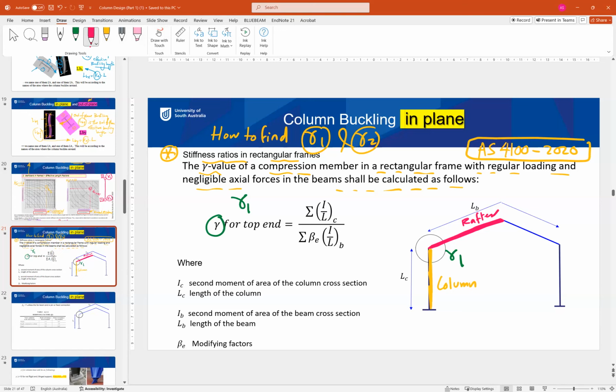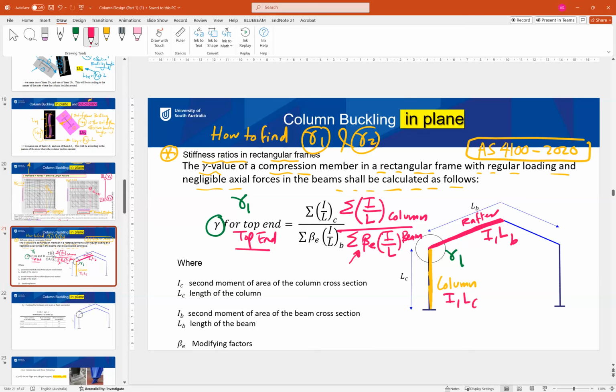So gamma for the top end equals the summation of the inertia of the column divided by the length of the column, divided by the summation of beta E times I over L for the beam or rafter. So you need to know I and L for the beam, I and L for the column, and then you need to know beta E as well.